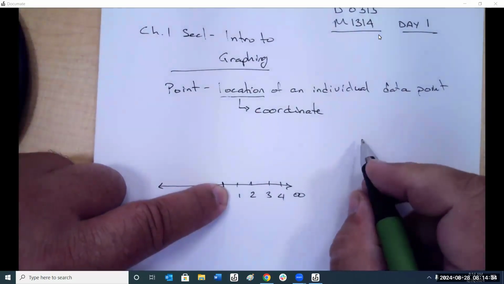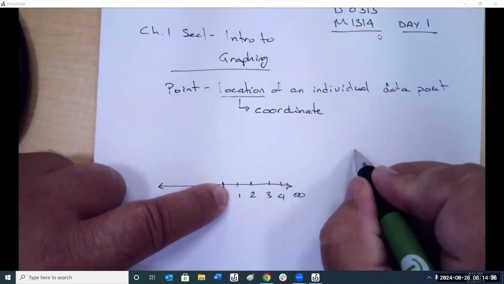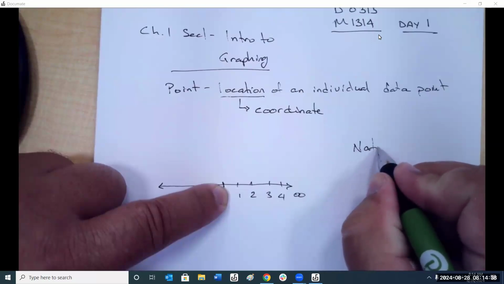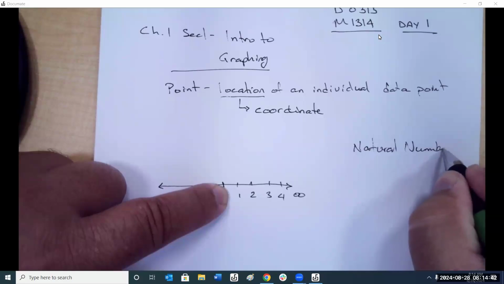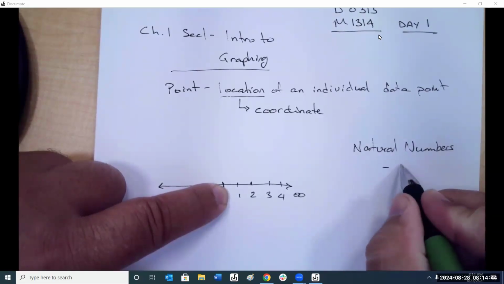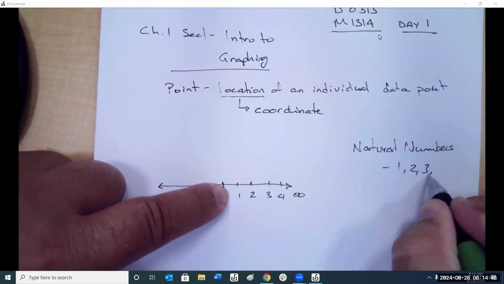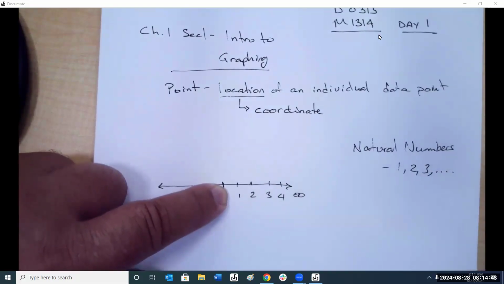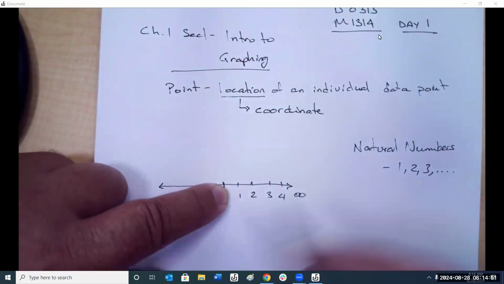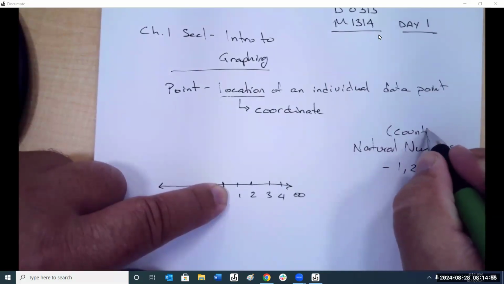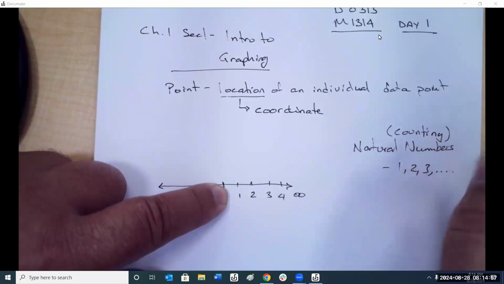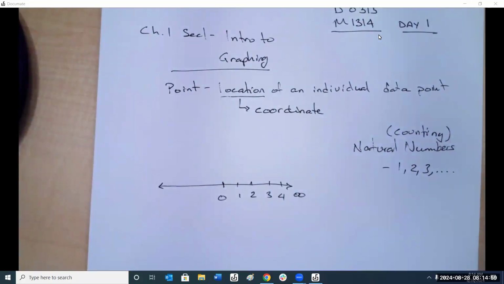Natural numbers. Very good. Natural numbers are 1, 2, 3, and so on and so forth. The reason they're called natural numbers, or another name for them is counting numbers, is because whenever somebody asks you to count, you always start at 1.